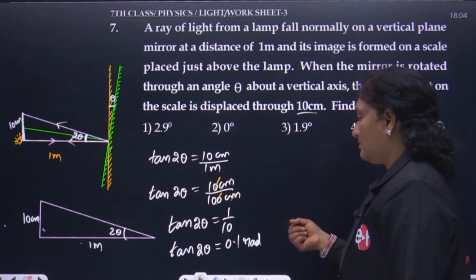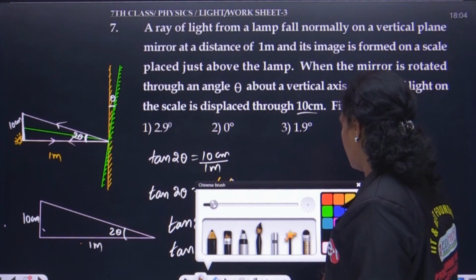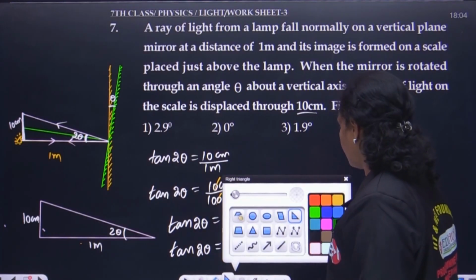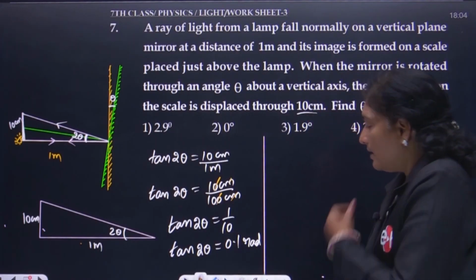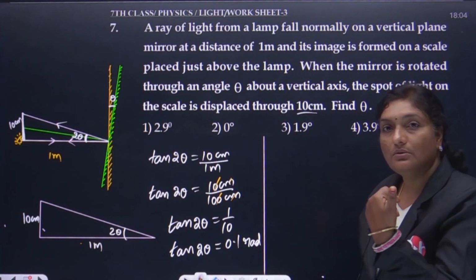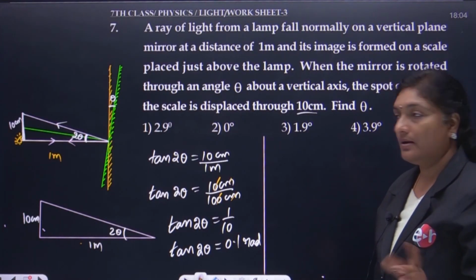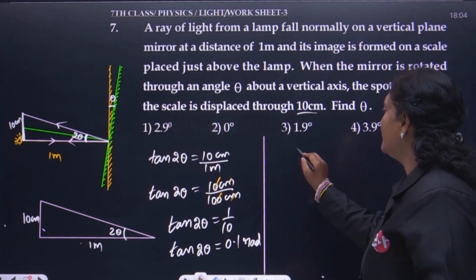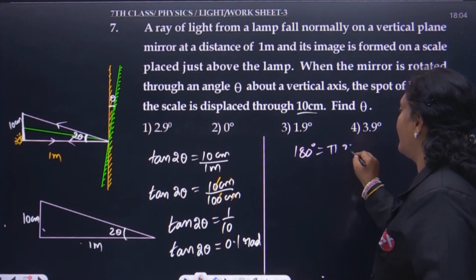Okay, or else I'll just look into that. If you want to convert radians into degrees, one thing you need to remember that 180 degrees is equals to pi radians.